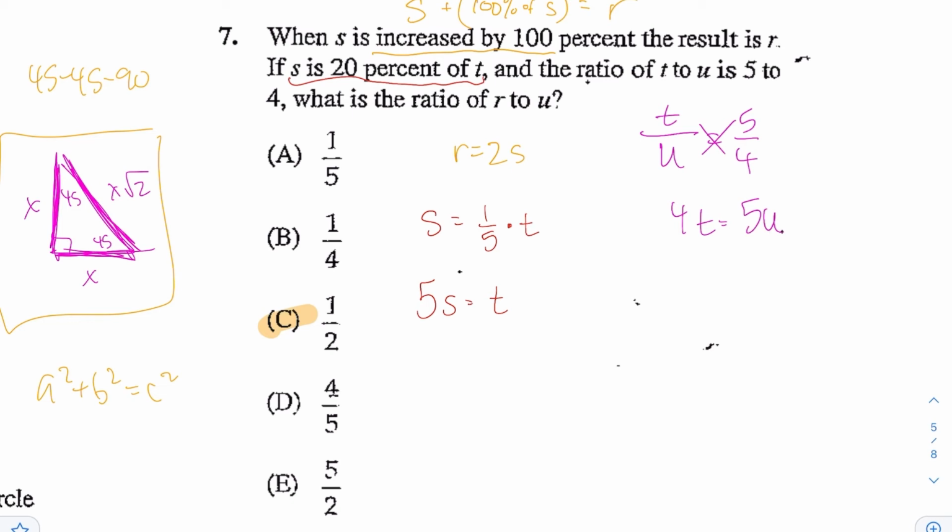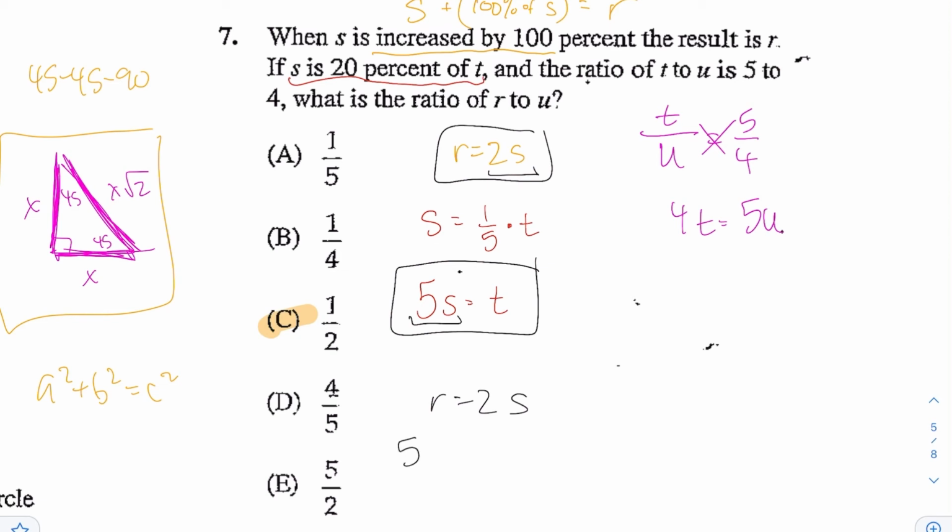And you want to know the ratio of R to U. So here, you know that R is equal to 2 times S, and 5 times S is equal to T. So if you take these two, you know R is equal to 2S. You want the S's to be the same. So you have 2S versus 5S. The LCM is 10.